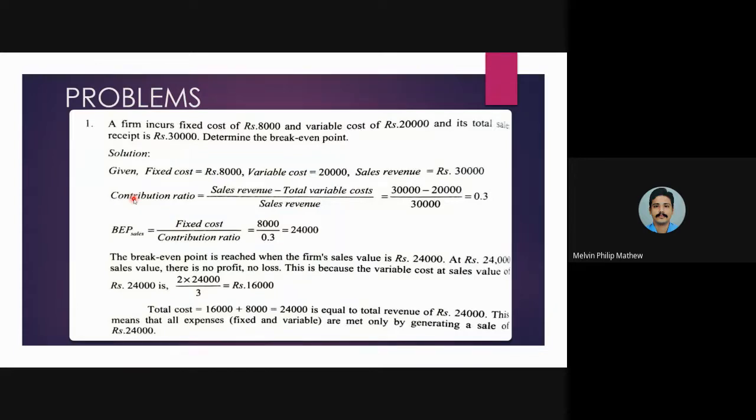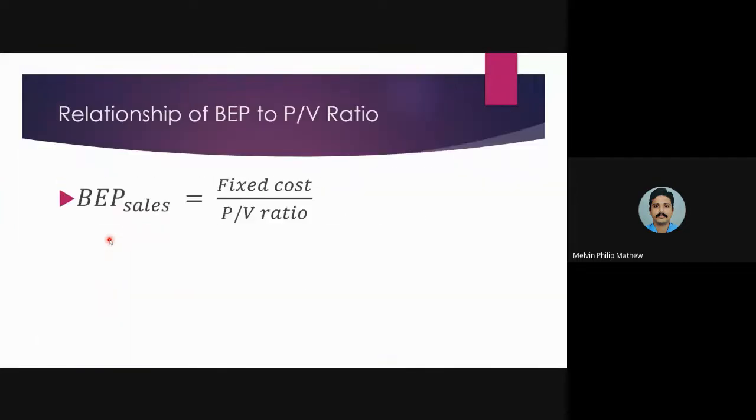But here there is no per unit; the total variable cost and total sales revenue are given. So we use the equation we learned earlier: BEP is equal to fixed cost by P by V ratio.